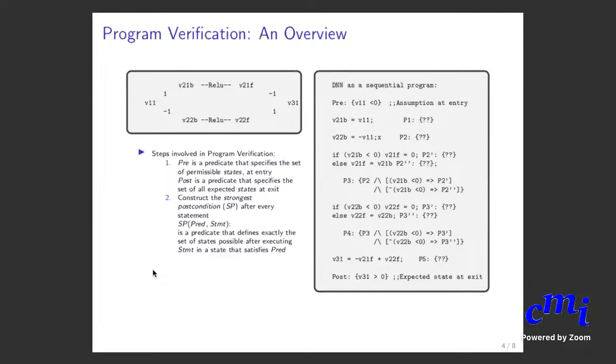For example, here, this specifies the state of affairs before you execute this statement. And so it's a predicate that defines precisely the set of states possible after executing that statement, starting from a state that satisfies this pre.